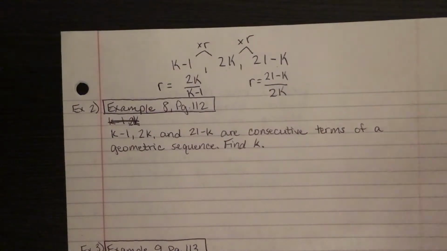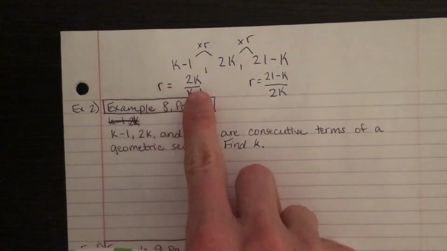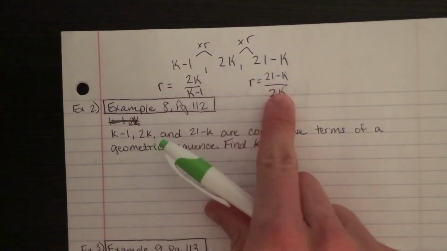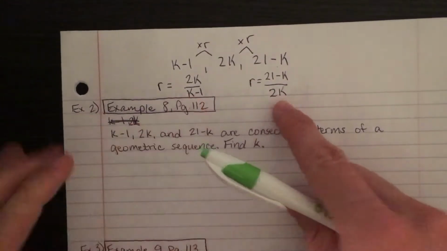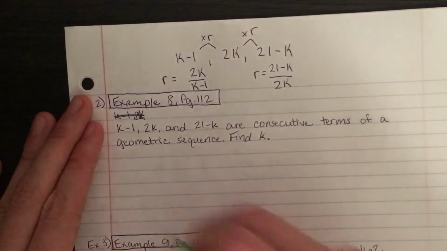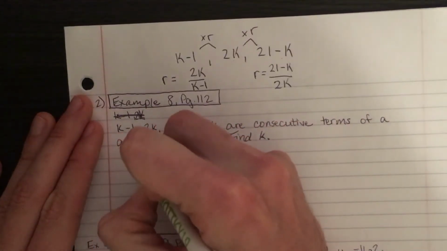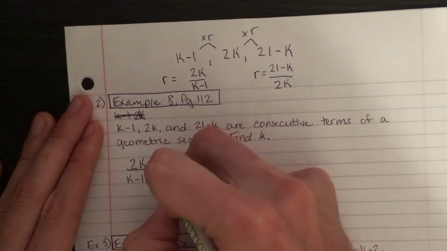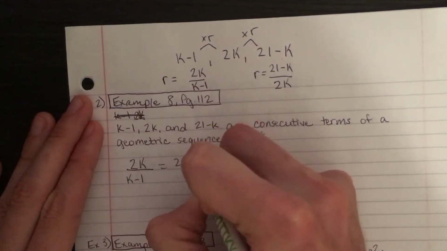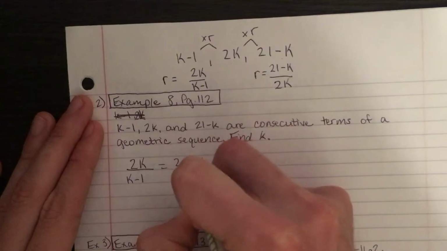We know r is equal to this, and we know r is equal to this as well. We can set these two things equal to each other because that is what our rate is. So we've got 2k over k minus 1 equals 21 minus k over 2k.